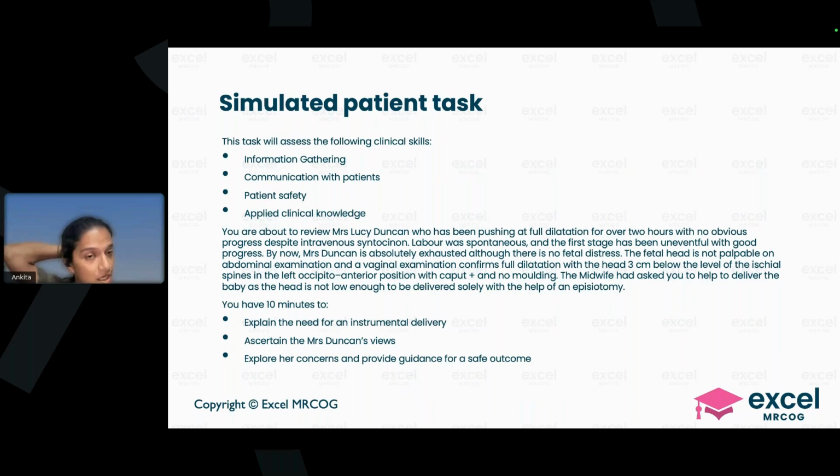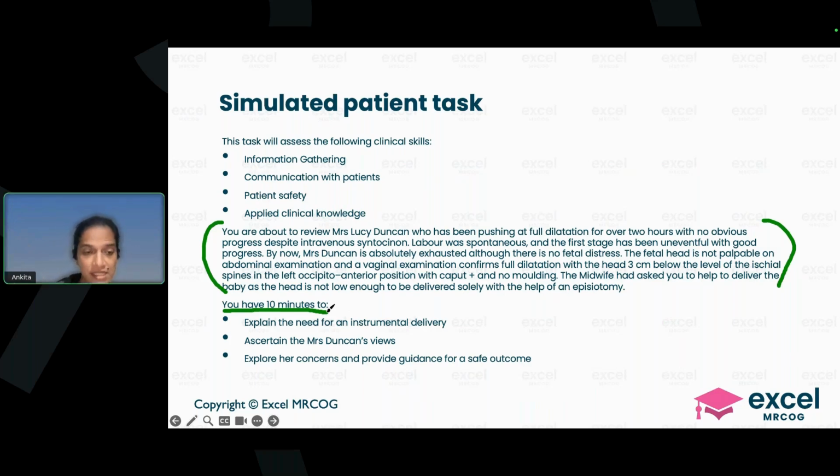Now the body of the task. So this would be the body of the task. That means here you will get all the information that you would need to do the task. And here will be the description of what you are expected to do in the task.